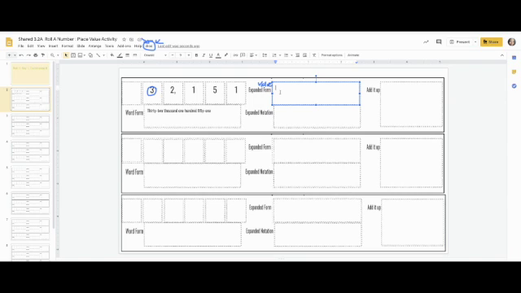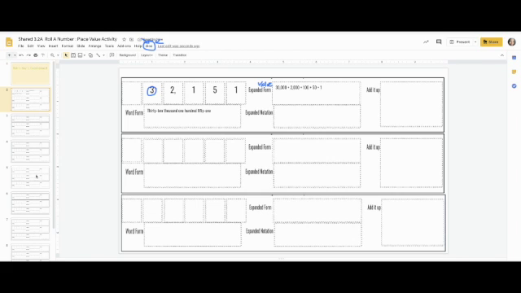So it's 3 10,000s or 30,000. The digit 2 is in the 1,000s place. So it's 2,000. The digit 1 is in the hundreds place. So it's 100. The 5 is in the tens place. 5 groups of 10 is 50. And then 1. So that's expanded form.